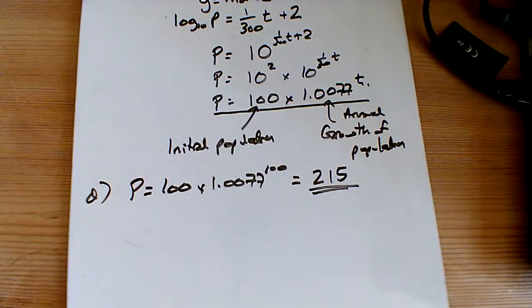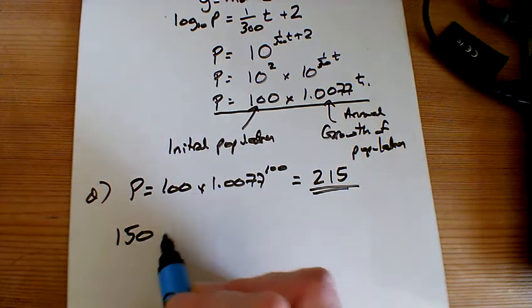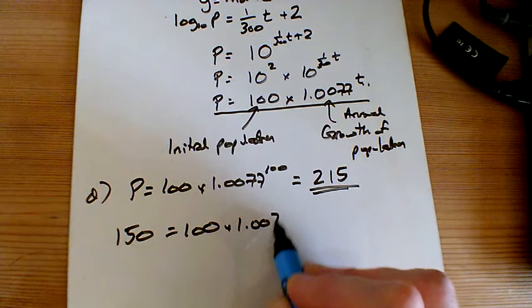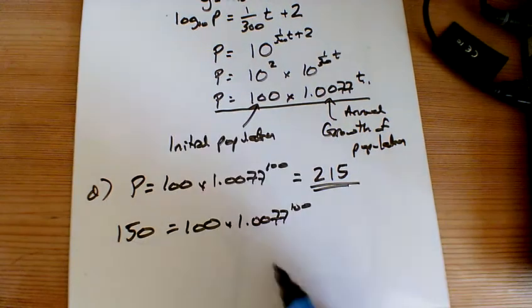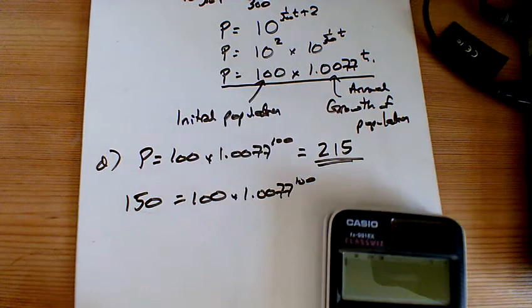And part 2, find out the number of years it takes to get to 150. So we'll do 150 equals this. If you wanted to do that one there, you could actually do a shift solve for that one there, but we won't. We'll do it properly.